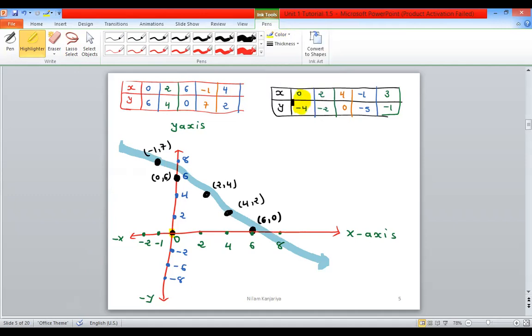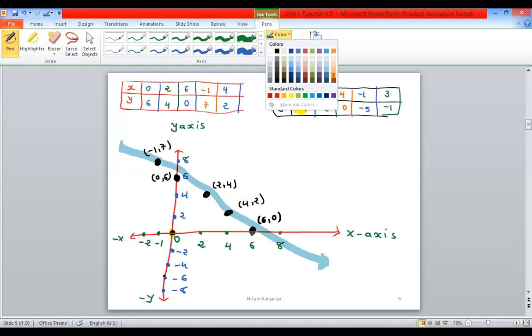Next is 0, minus 4. Then x is 0, y is minus 4. It's here. Okay, what is the meaning? So students, here x is 0, y minus 4.